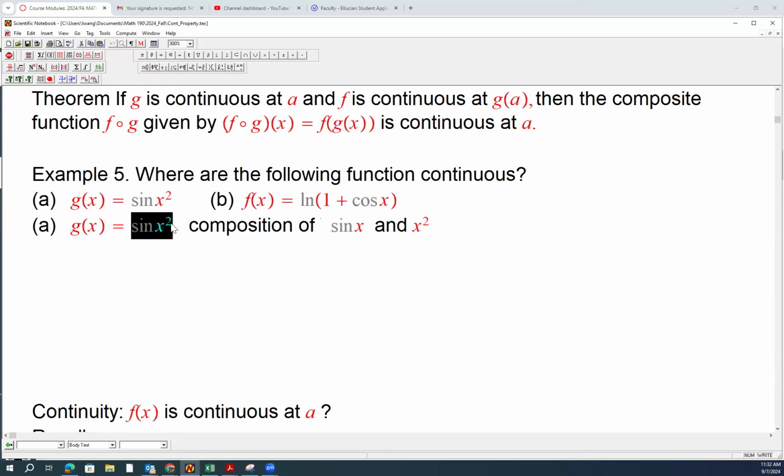Well, x squared is continuous everywhere, and sine is continuous everywhere, right? Therefore, g of x is continuous everywhere in real numbers, negative infinity to positive infinity.